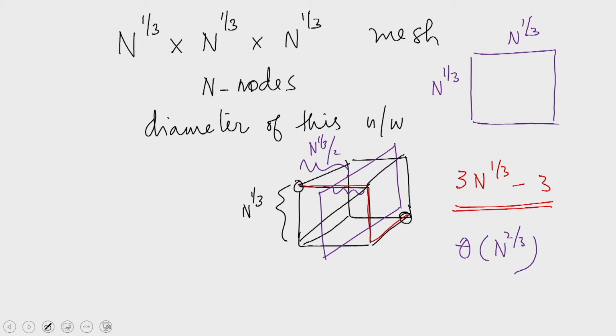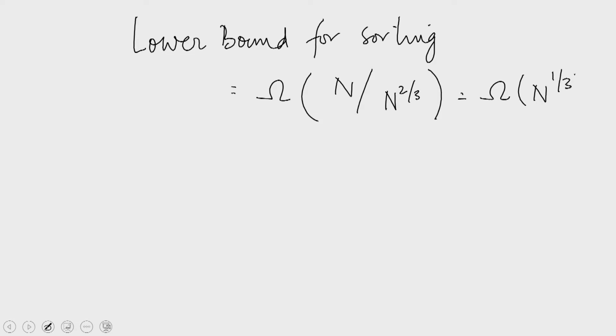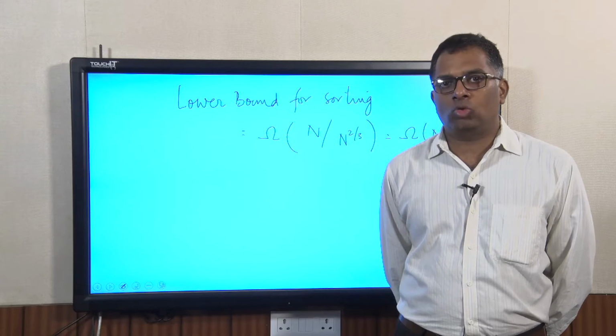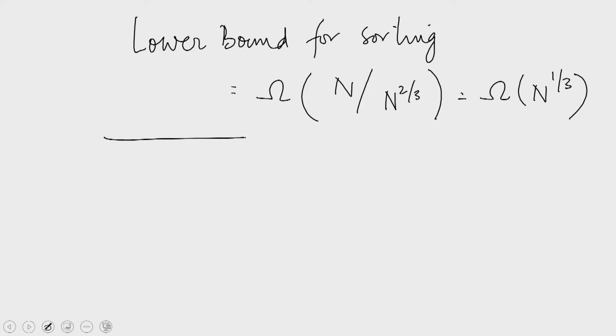So, using this, once again we get a lower bound for sorting, which is the total traffic divided by the bisection width, which is omega of n^(1/3). So, you cannot expect to sort n elements faster than n^(1/3) asymptotically on this model. Now, let us see an algorithm that actually does this, that is, it runs in order of n^(1/3) time. So, that is what we are going to see next.